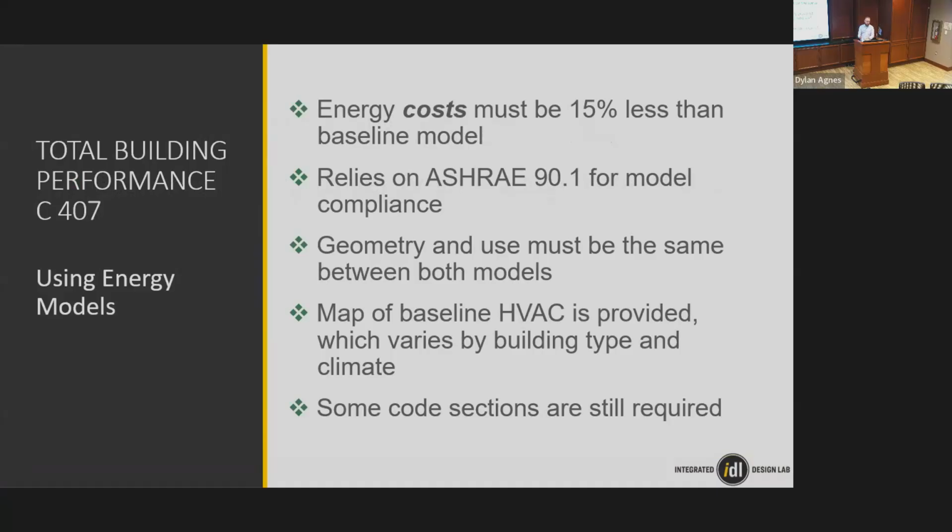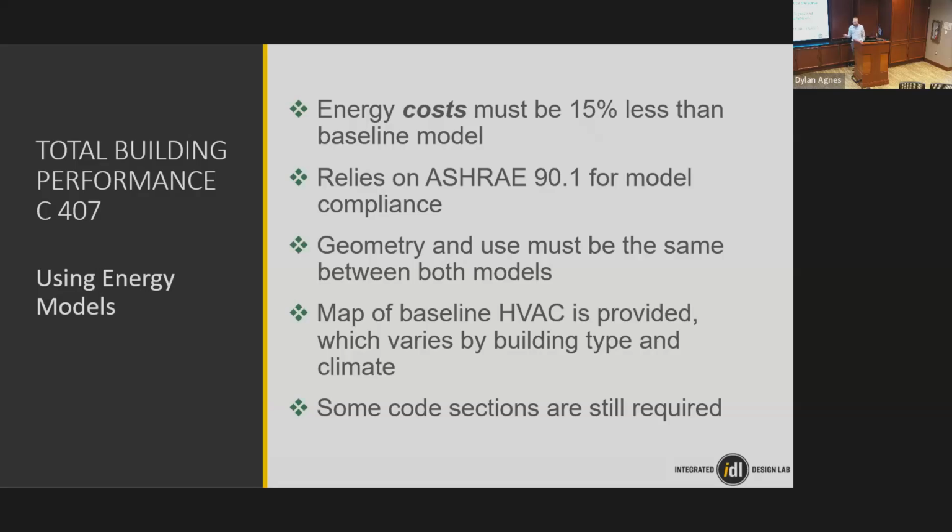For total building performance, this is based on costs, not use. So if you're looking at your energy use intensity and your kBTU per square foot over the year, that's a really important metric, and it's what we use at the lab to see how efficient buildings are. But the energy code is less concerned with that, and it is more concerned with the actual costs.